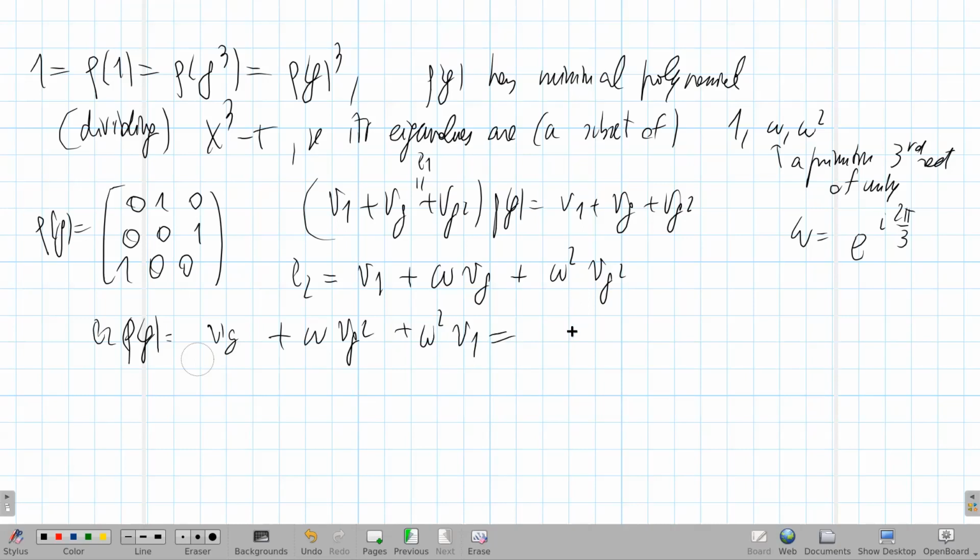But look what it is. There's an omega square here, omega square V1, plus Vg has no omega, so it's omega Vg, because omega squared times omega is 1. This is a third root of unity. And this has an omega. So if you put an omega square, you get an omega fourth, which is exactly omega, because omega to the third is 1. So you obtain omega square E2. So we see that E2 is an eigenvector with respect to eigenvalue omega square.